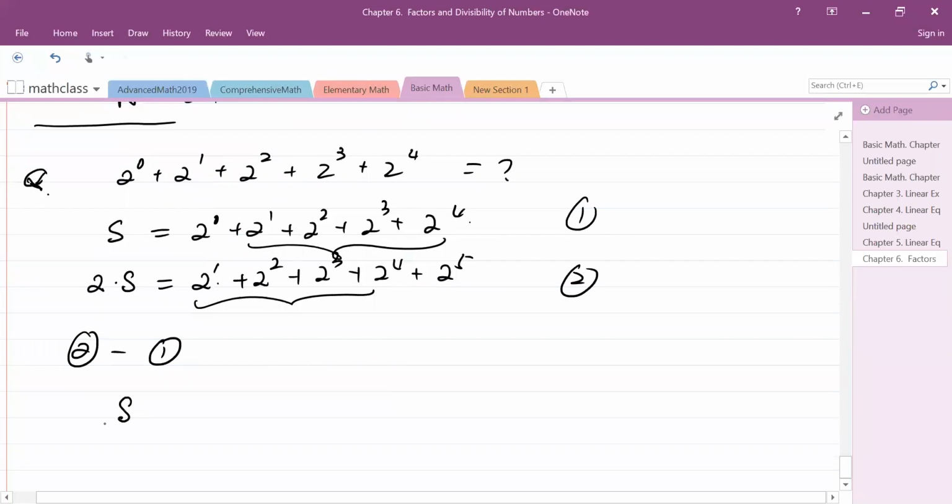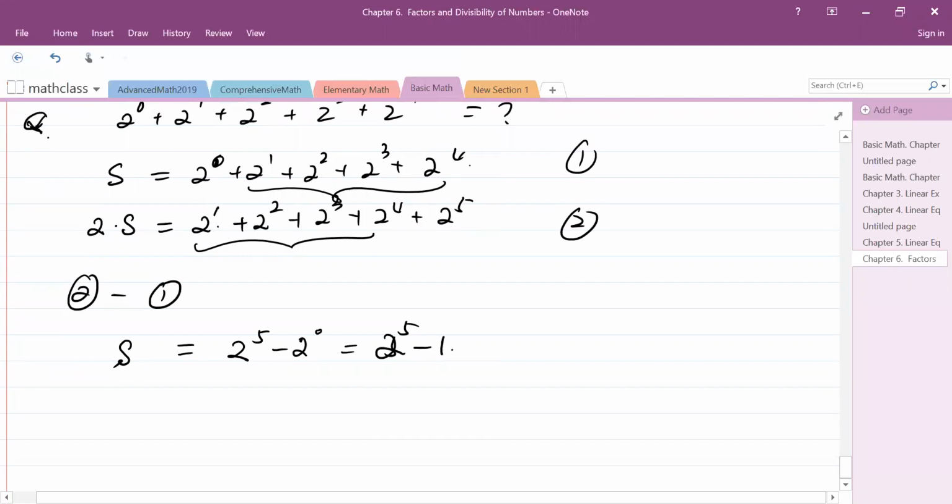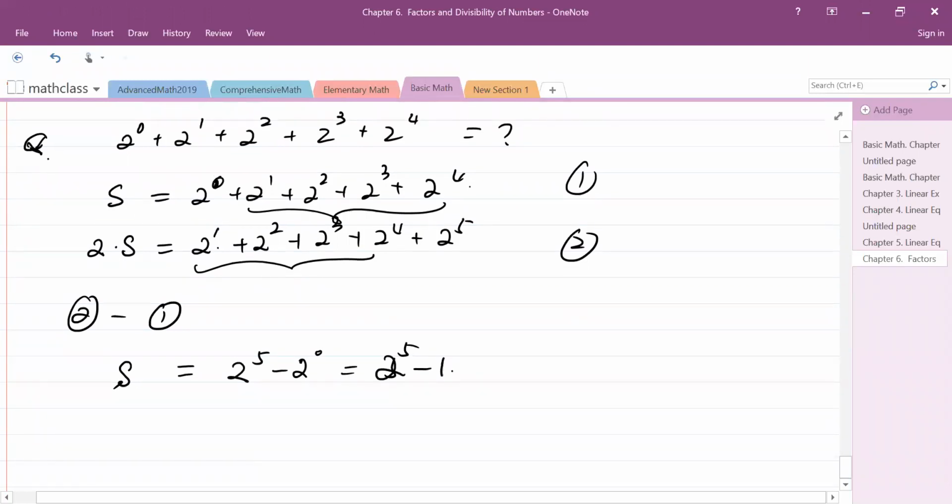Then you get only one S here, and the common part cancels out. You get 2 to the 5th minus 2 to the 0. What's 2 to the 0? It's 1, since anything to the power of 0 is 1. So actually, it's interesting, you can add it all together and get only 2 terms.